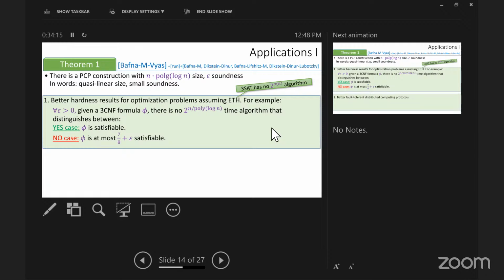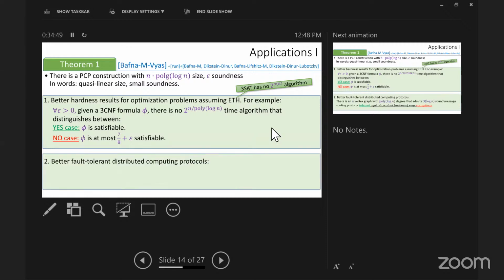The new content here is that assuming ETH, there is not even a barely sub-exponential algorithm for this seemingly much easier task. Using Hastad you get 2 to the n to the epsilon, but using Moshkovitz-Raz 2 to the n over 2 to the square root of log n.